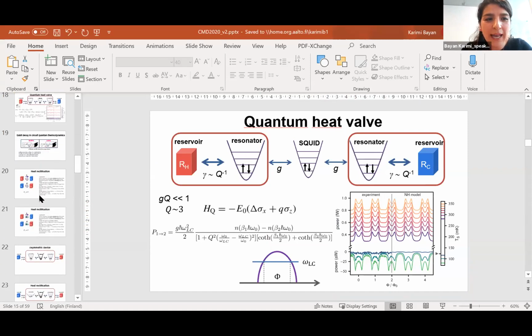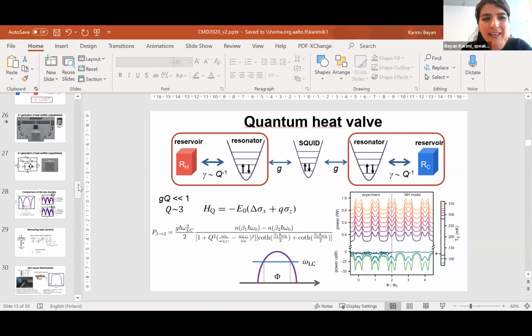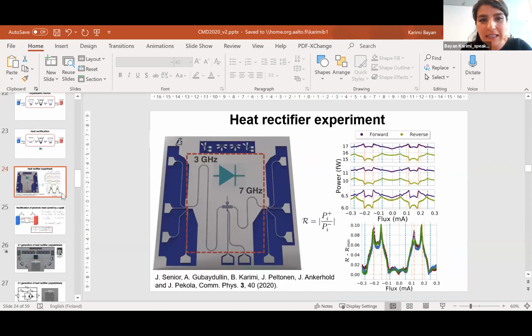But then we ended up having more difficulties, because some other parameters play a role here.